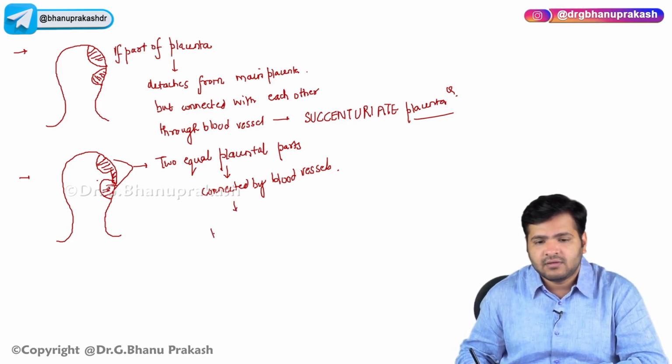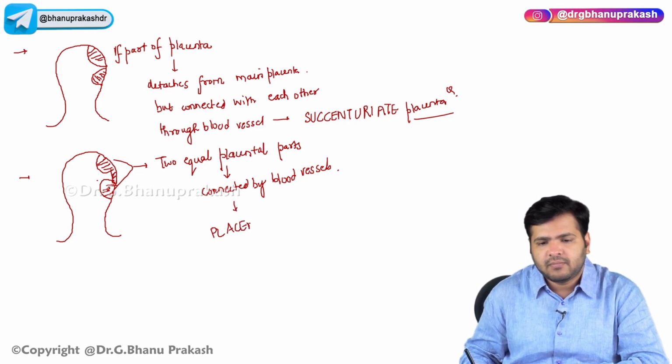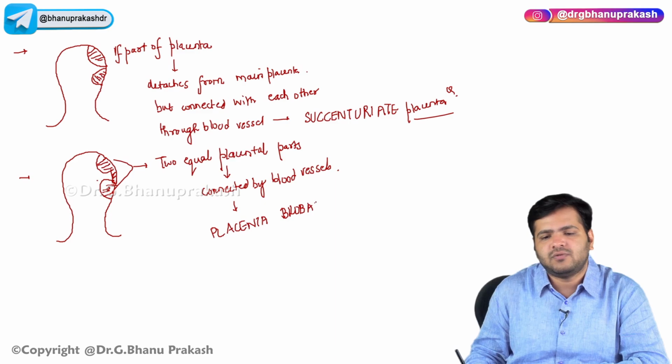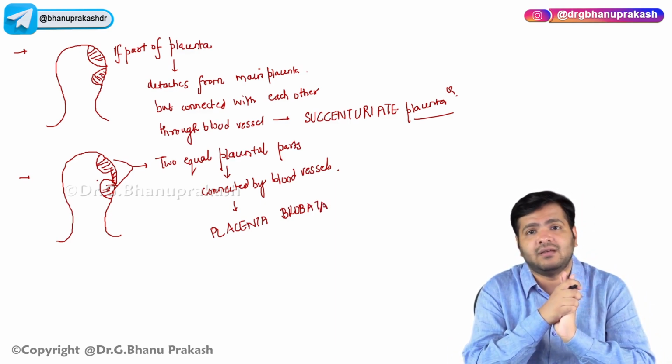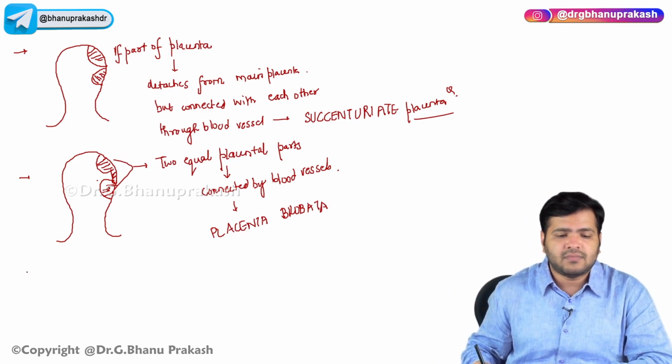This is called placenta bilobata. Okay, two lobes you can see, and both the lobes are connected with each other through blood vessels, right? Now let us assume another case.